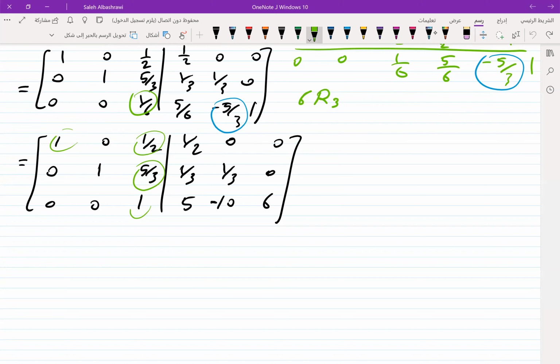So I'm going to multiply the third row by minus 1/2, plus R1. R1 is 1, 0, 1/2, 1/2, 0, 0. R3 will be 0, 0, minus 1/2, minus 5/2, minus 5, and minus 3.